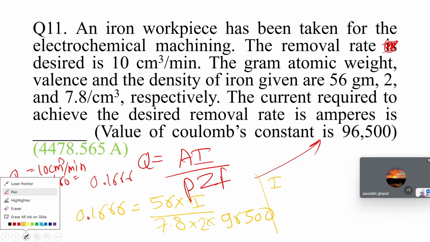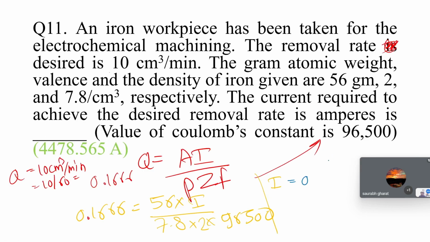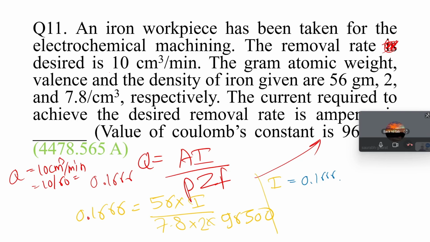I will be equal to 0.1666 into 7.8 into 2 into 96500 divided by your 56.